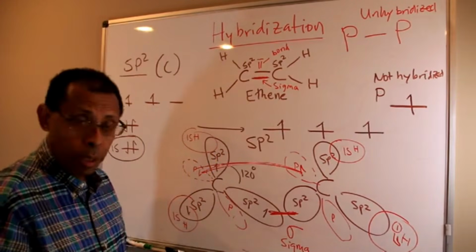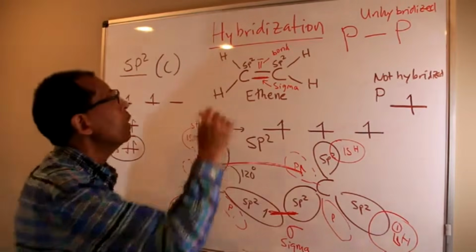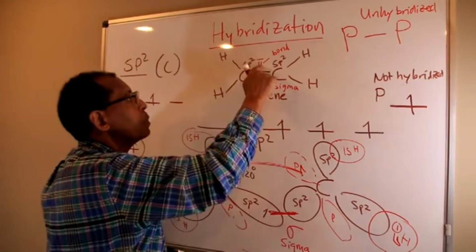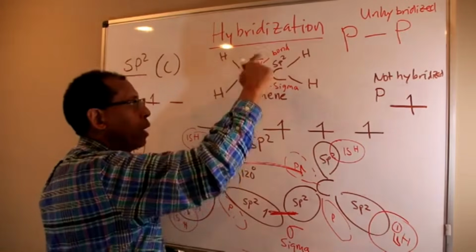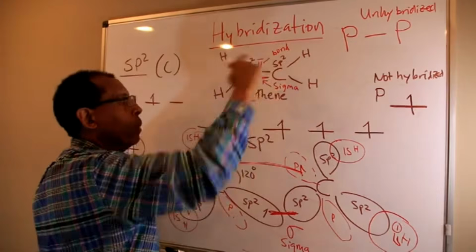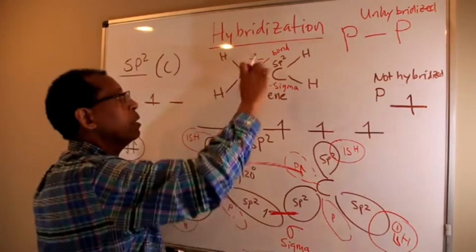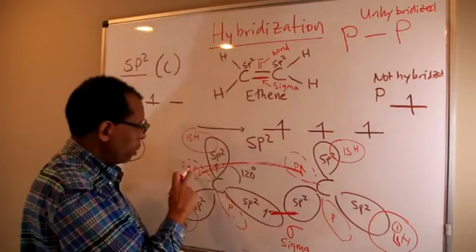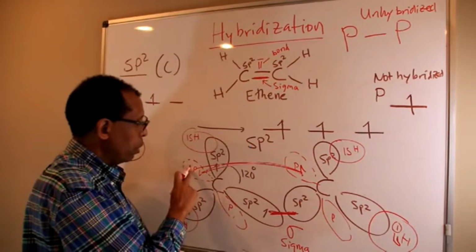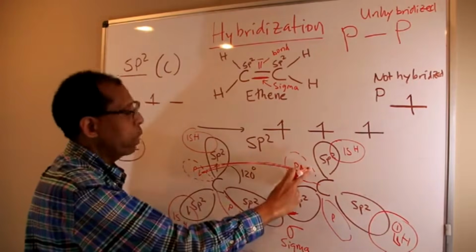So now let's identify each one of them again as a review. This pi bond, the top one, makes a double bond. The double bond is made of one sigma and one pi bond. The pi bond is made from the interaction of the unhybridized p orbital on this carbon and the p orbital on the other one.